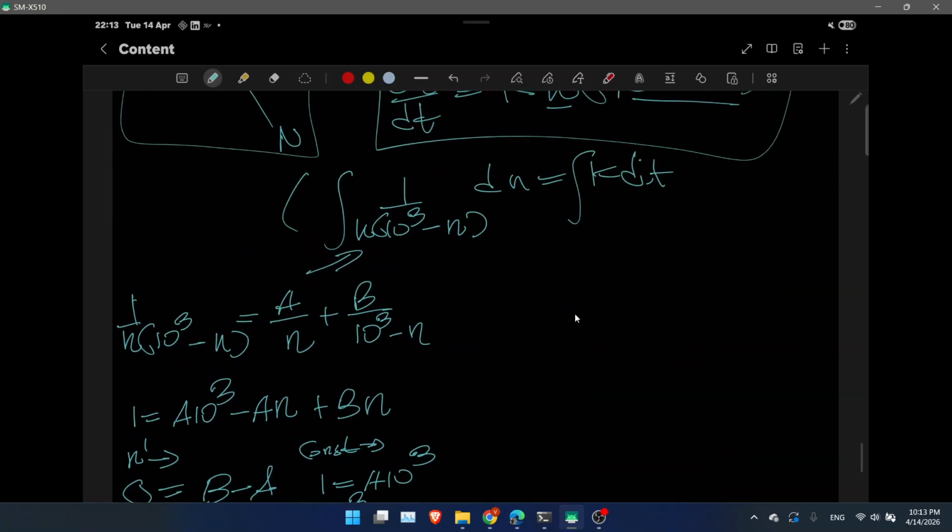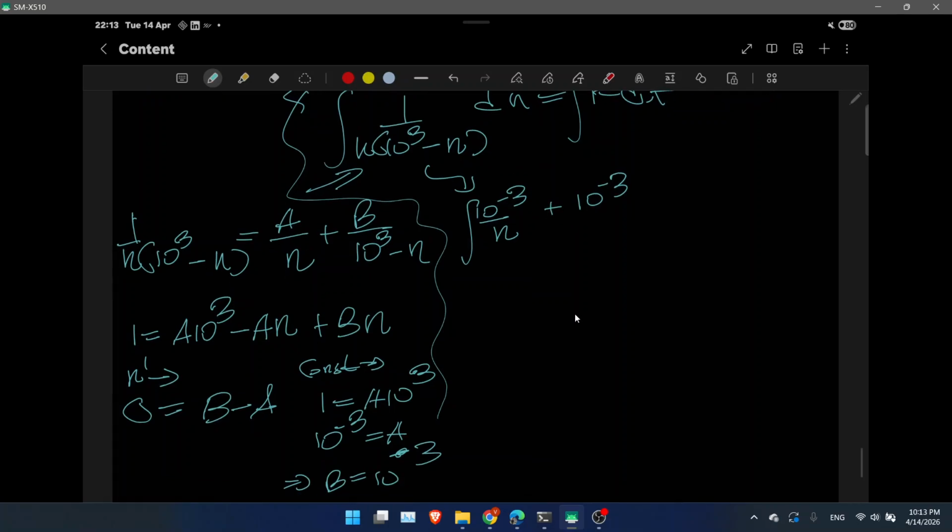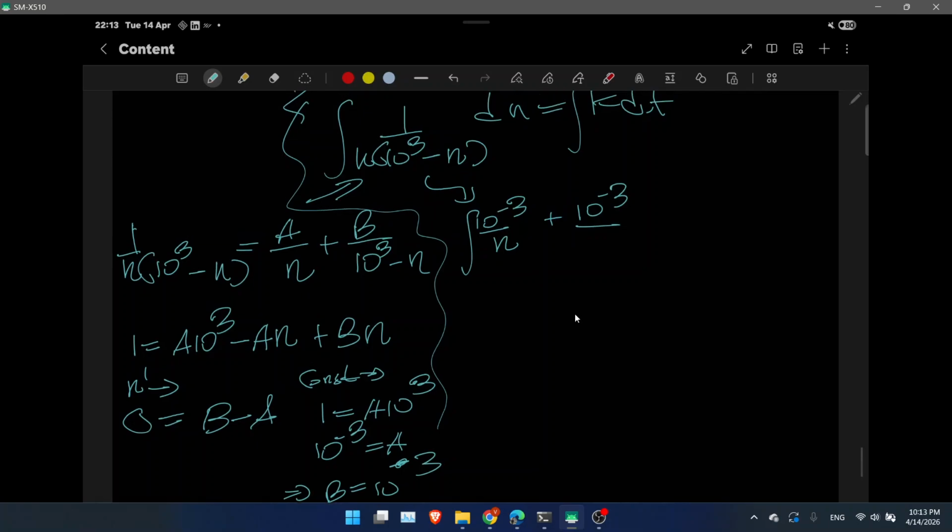So that was some rough work. We can write this as 10 to the power minus 3 over n plus 10 to the power minus 3 over (10 to the power 3 minus n). That's really simple.